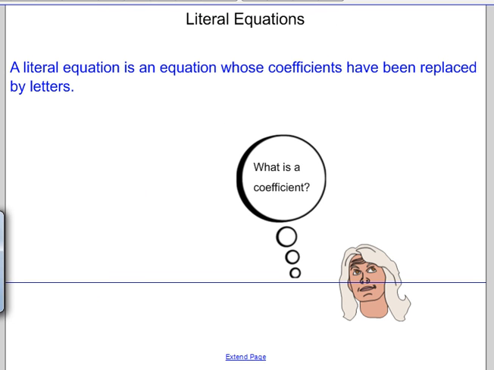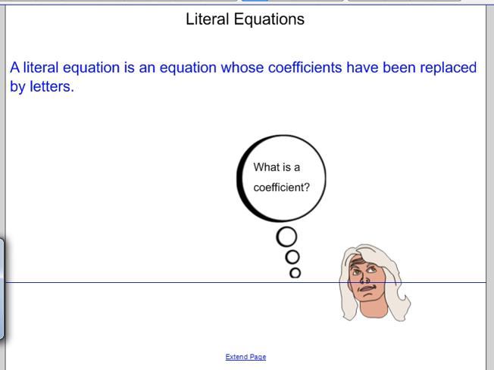All right, guys. So you should have a note sheet that Ms. Castiello gave you. And at the top, it asks you to define a literal equation. A literal equation is an equation whose coefficients have been replaced by letters. A coefficient is typically a number that's multiplied by a variable.